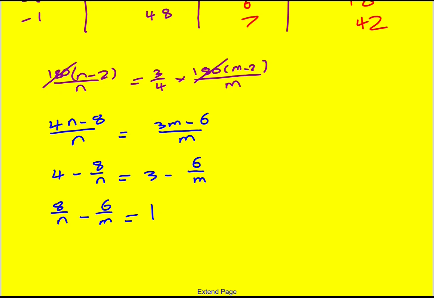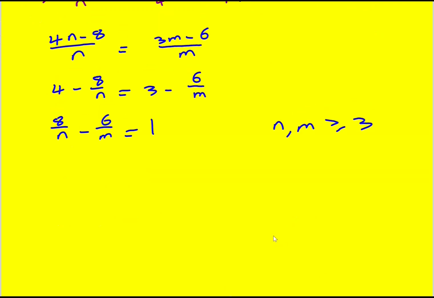And I can actually solve the equation from here, because remember, I know that n and m have to be greater or equal to 3, and also I need n to be less than 8. Because if it was 8, I'd already have 1 here, and then I'm minusing something, so it's definitely going to be less than 1.